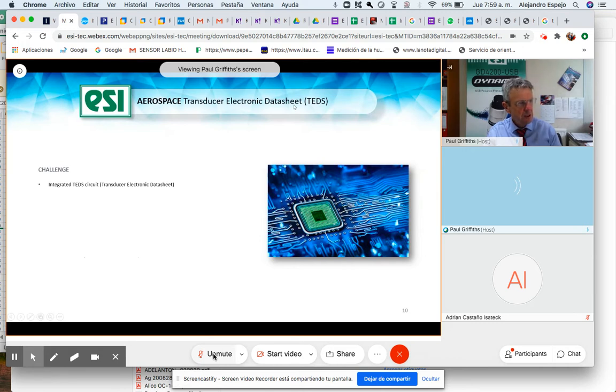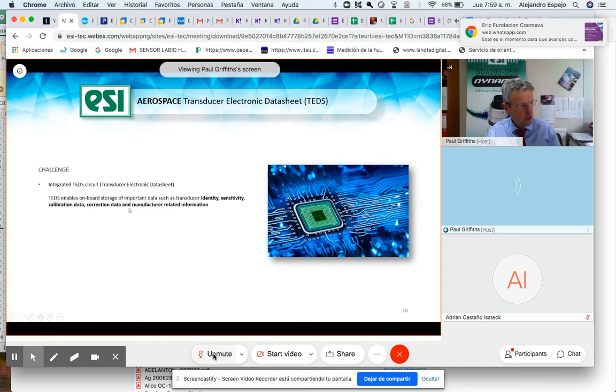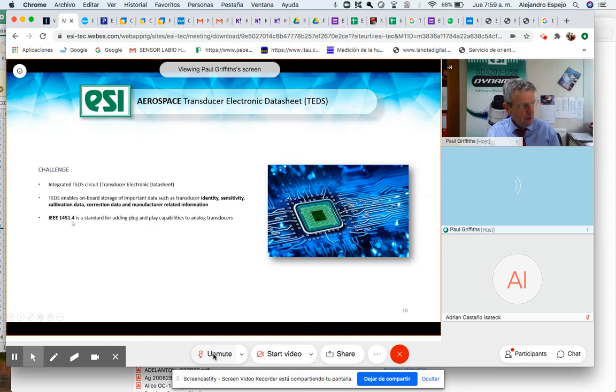This system is used in lots of different industries, aerospace for sure, but also oil and gas, and some other process industries. And the principle is that the transmitter is fitted with an EEPROM, and that EEPROM can be loaded with data.